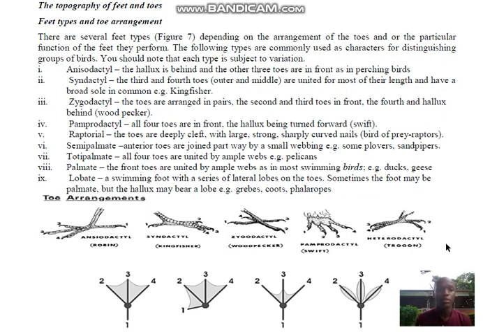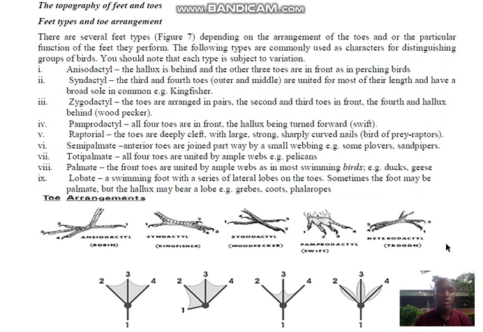There are several types depending on the arrangement of the toes, and particularly the function of the feet. You should know that this feature is used to show the variations among the bird groups.